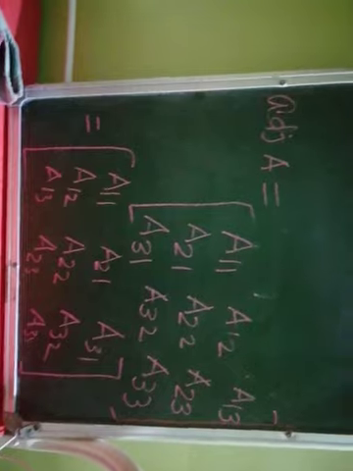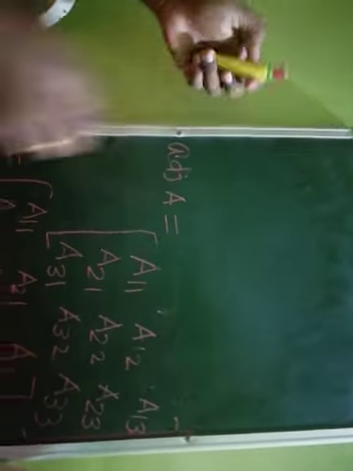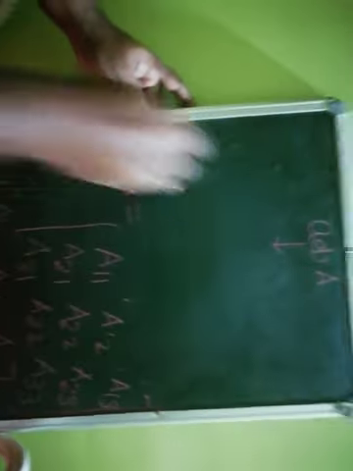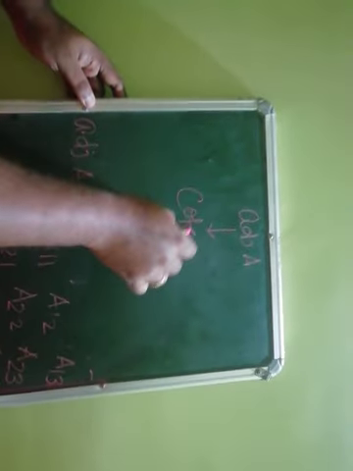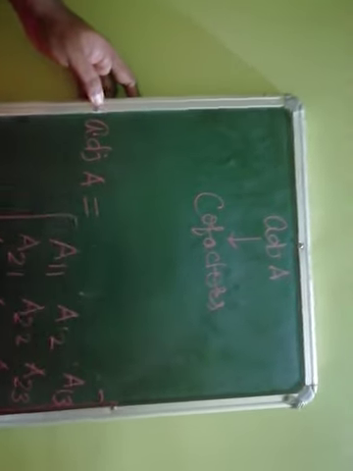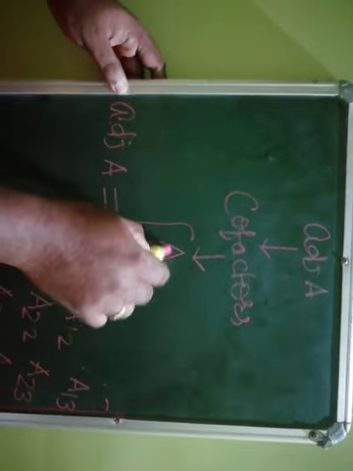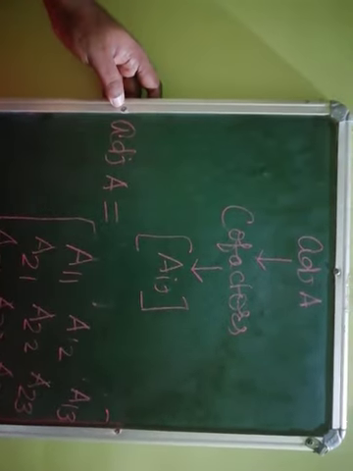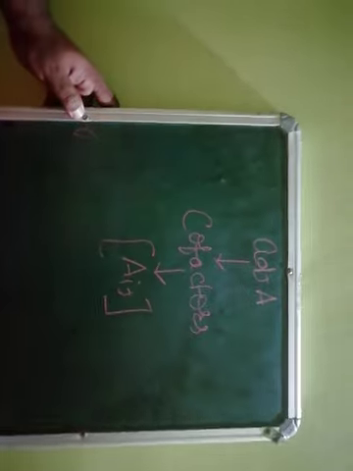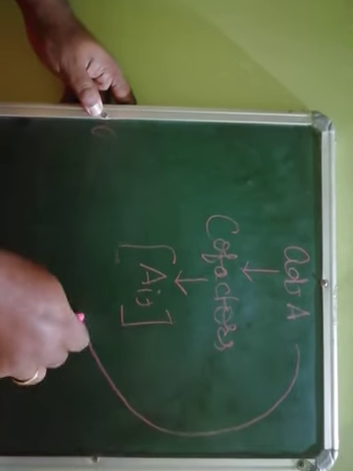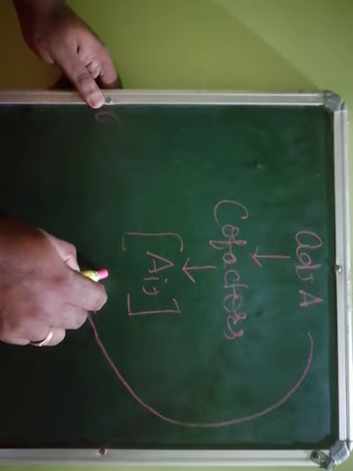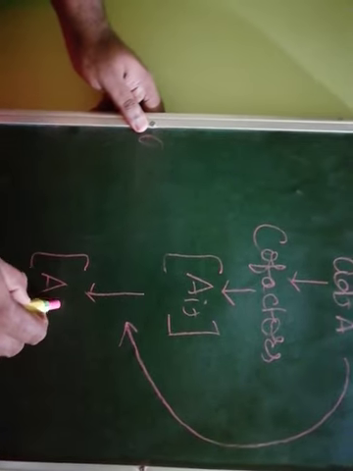So what are the steps? Let me again remind you. To find the adjoint of A, first find the cofactors, then write the matrix whose elements are the cofactors, and then to get the adjoint, write the transpose of this matrix.